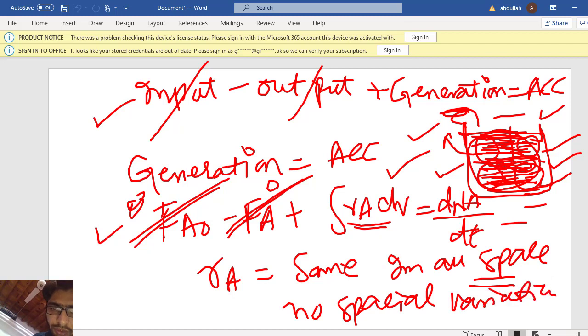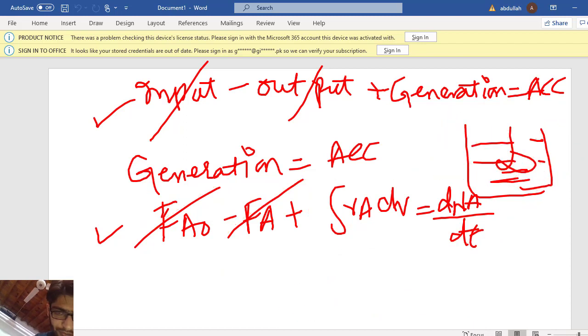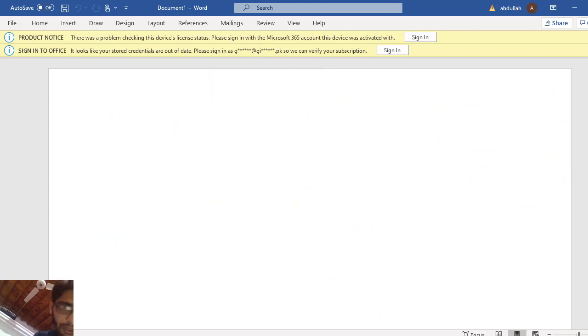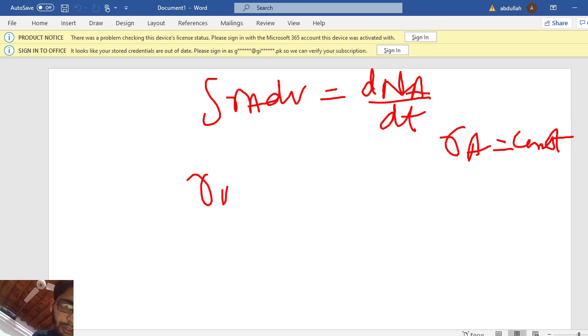So if there is no spatial variation, then this equation can be written as r_A V = dN_A/dt, and r_A will be constant.